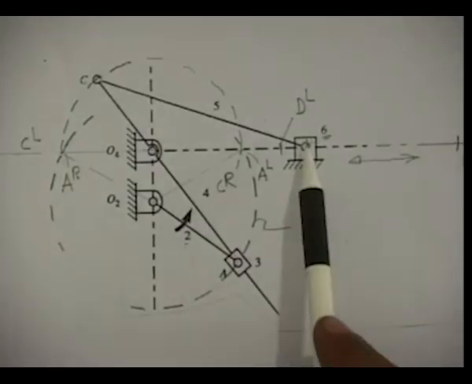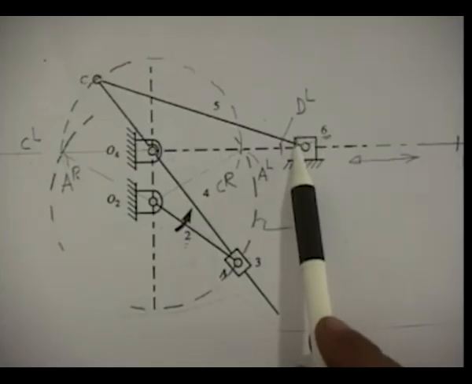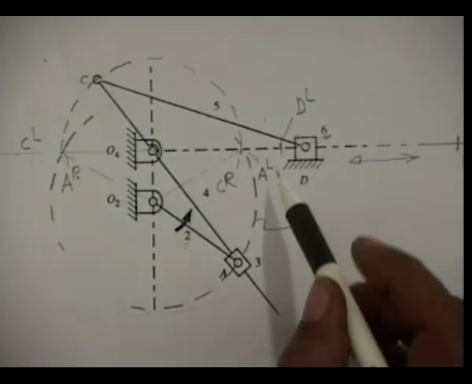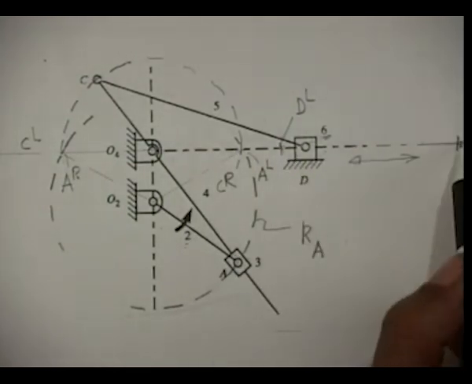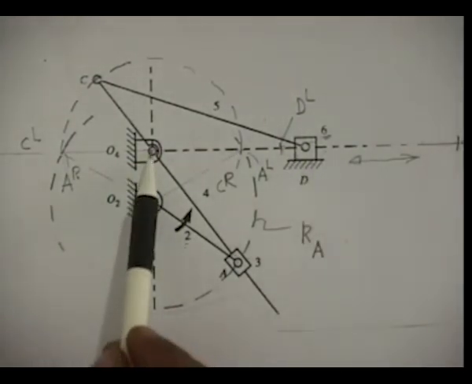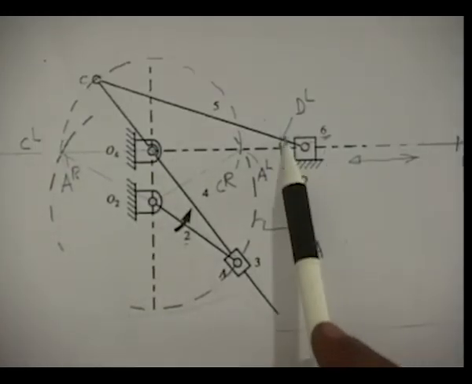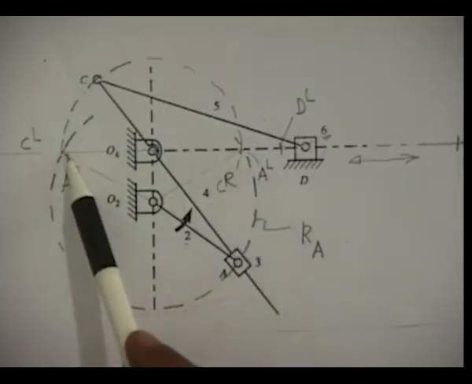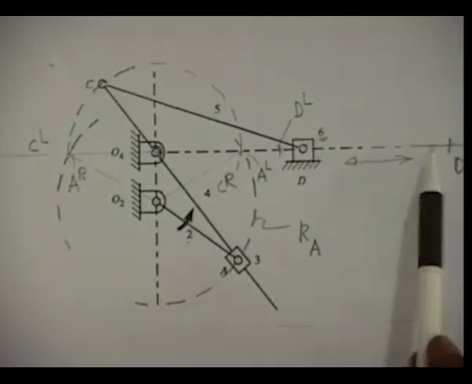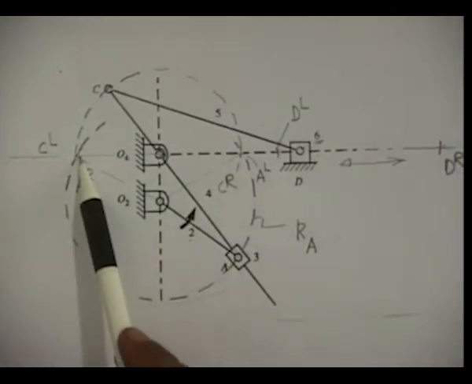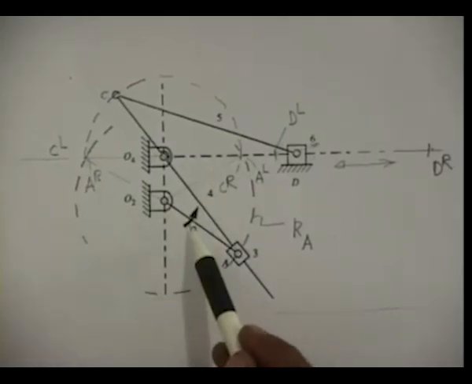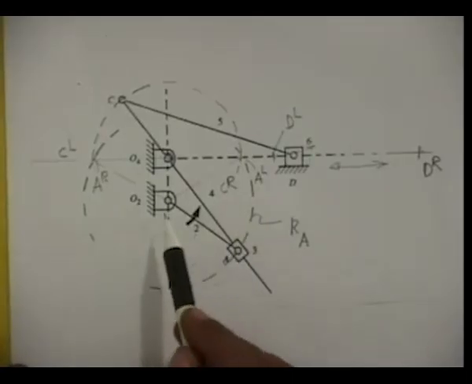Thus, this tool, that is this link 6, moves from DL to DR, that is the stroke length, which is exactly equal to 2 times O4C. However, during this movement from DL to DR, the point A goes from AL to AR, and from DR to DL, the point A goes from AR to AL. As we see, the O2A, this link, is rotating with constant input speed.